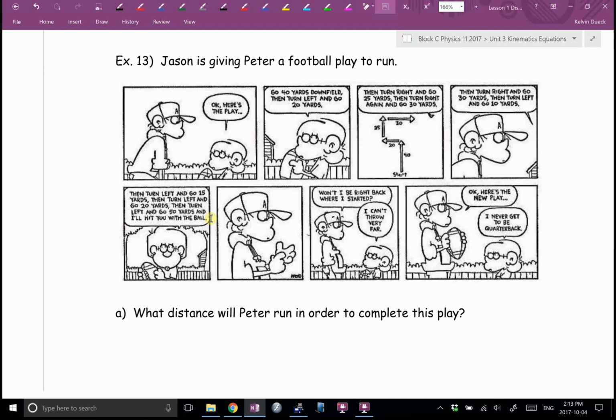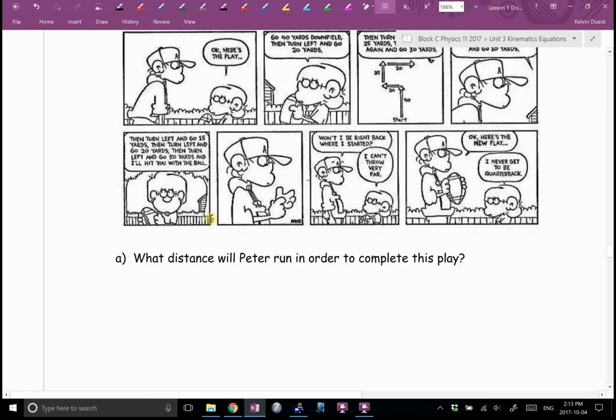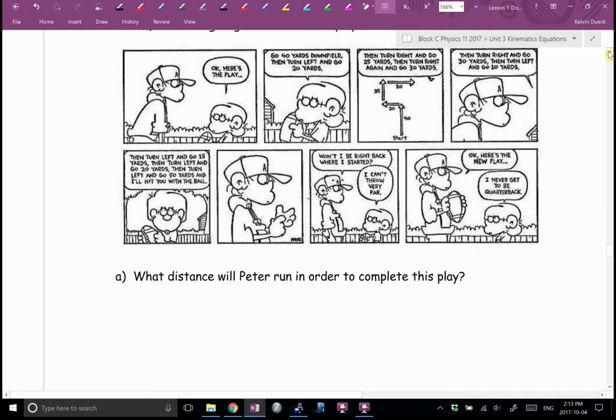So you ready? What distance will Peter run in order to complete this play? Well, distance is a scalar. It's going to be 40 plus 20 plus 25 plus 30 plus 30 plus 10 plus 15 plus 20 plus 50.